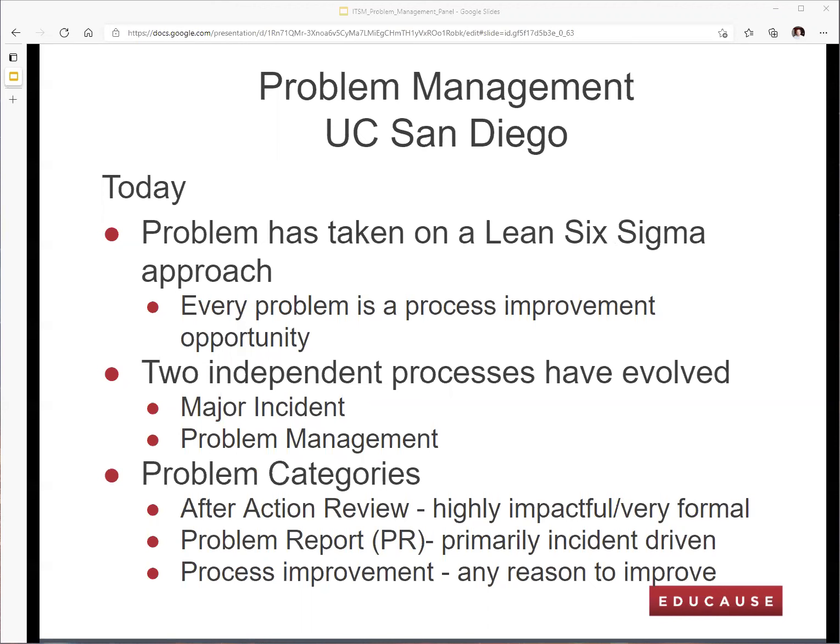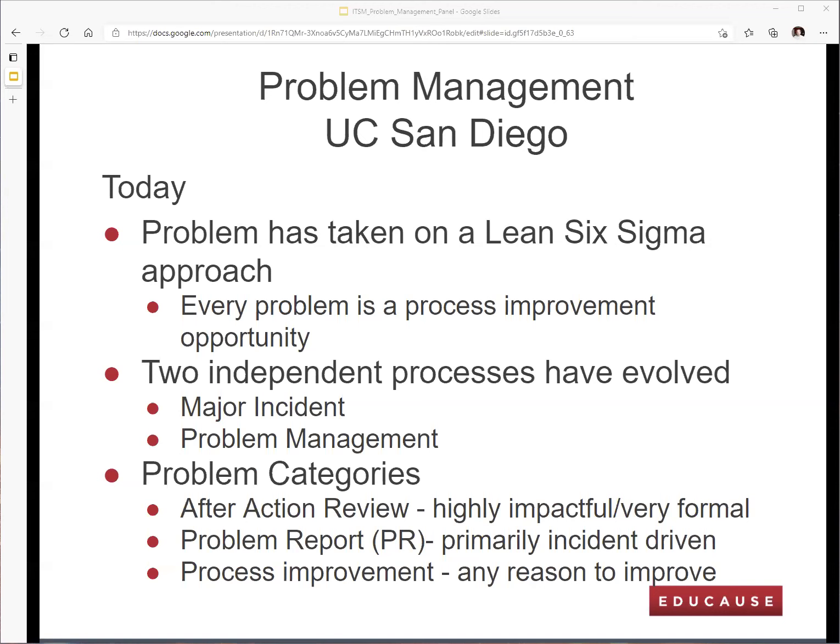So we've taken a Lean Six Sigma approach to problem management. We started with the building blocks, and then we took a Lean Six Sigma approach. The actual form, we use ServiceNow as well, has the DMAIC fields in it to help guide people through the different flows in the process.